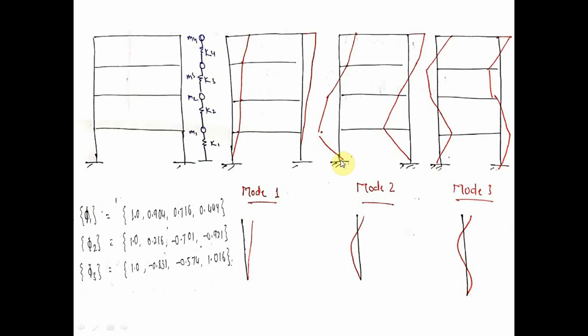Similarly for mode shape 3. So these are the values. These indicate mode shapes, the displacement values at each floor level for each of the modes, for mode 1, mode 2, mode 3. Always remember, 1 is at the roof, and the values go from roof to the first floor.